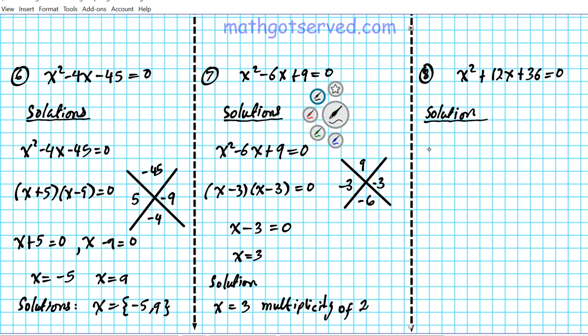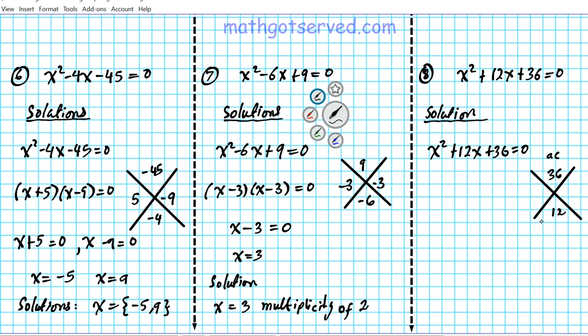So we have x squared plus 12x plus 36 equals 0. So we're going to use the x game here, okay? If you look at what we have, you notice that there is no GCF that can be pulled out. So we just jump right into the x game. AC is 36 and B is 12.